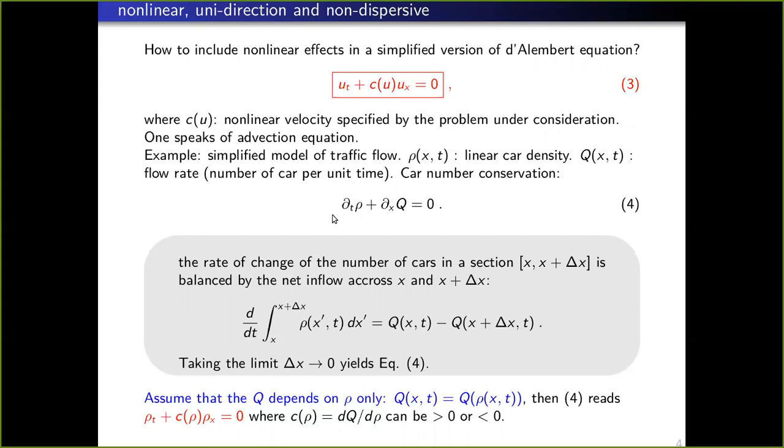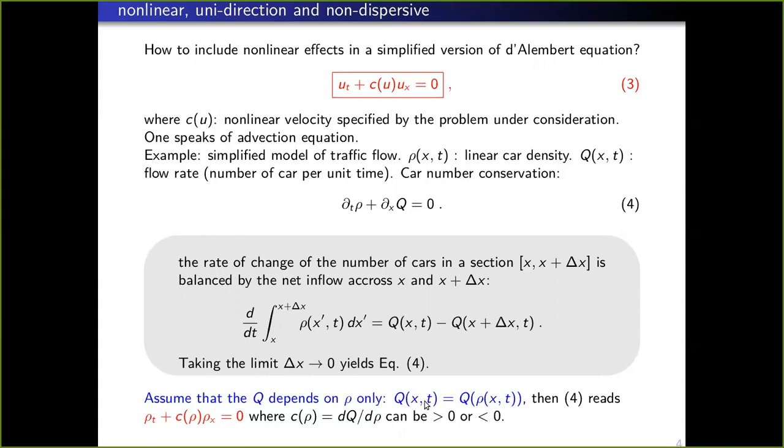Okay, so in any traffic flow model, you have to fulfill this equation 4. Now I make a strong assumption. I will assume, as it's written there, that Q, which is the flux, depends on rho only. And it means that it depends on x and t only in as much as rho does.